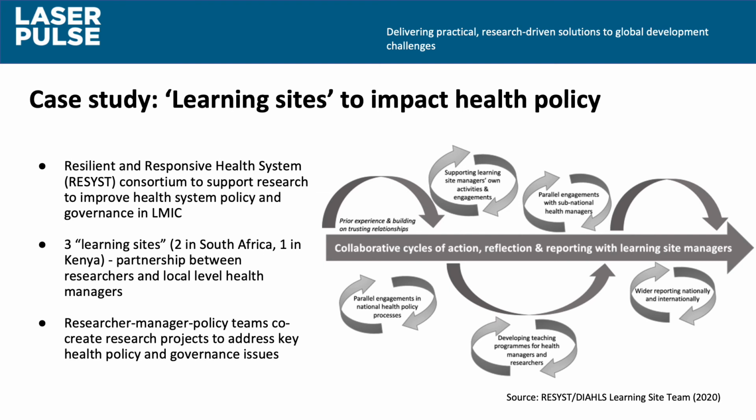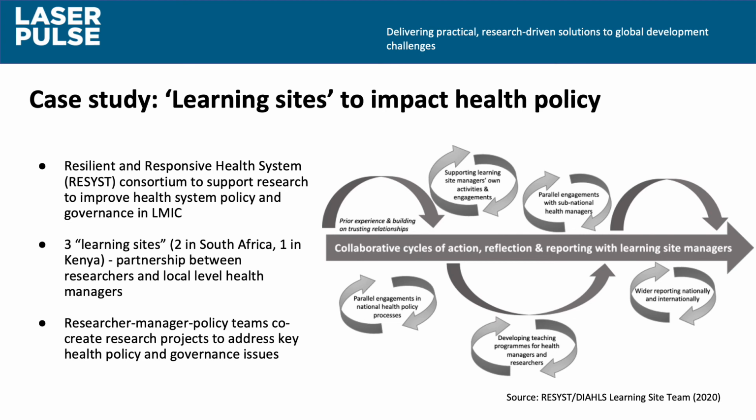The final part of this presentation introduces a case study from the literature and illustrates many of the strategies that we've outlined in this module. This case study comes from a research team that is part of the Resilient and Responsive Health System Consortium that supports research to improve health policy and governance in low and middle income countries.